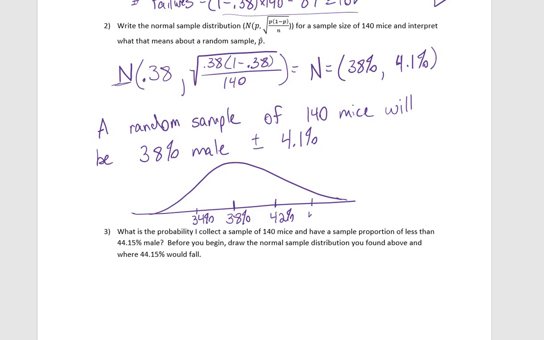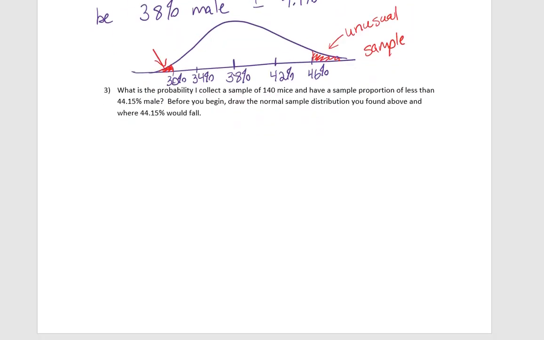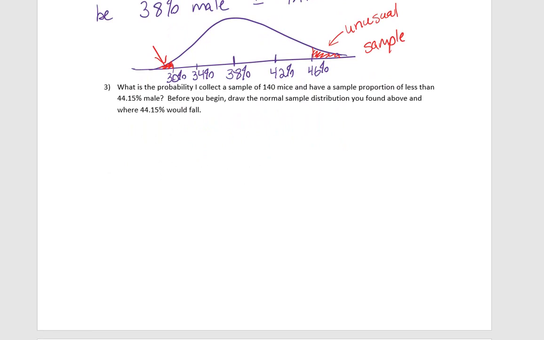It's also likely that I go up to 46% and go down to 30%. Now, what would you say if I collected a sample of mice and I saw more than 46% were male or less than 30% were male? That would be a very unusual sample, wouldn't it? And the way I got that was using the empirical rule. So let's just keep that under our hats for right now.